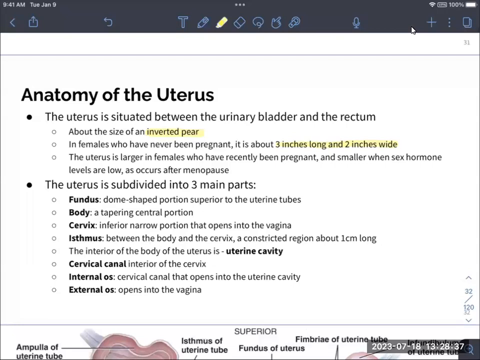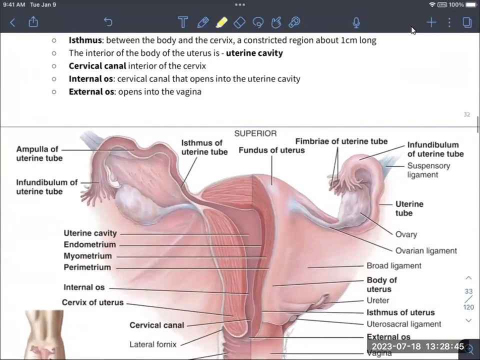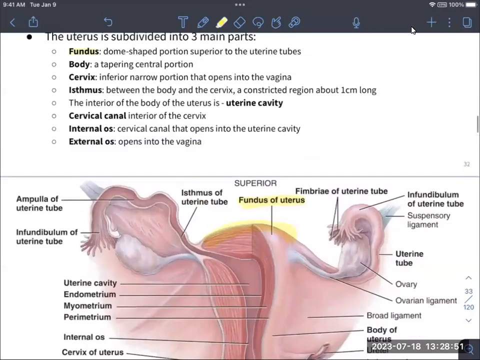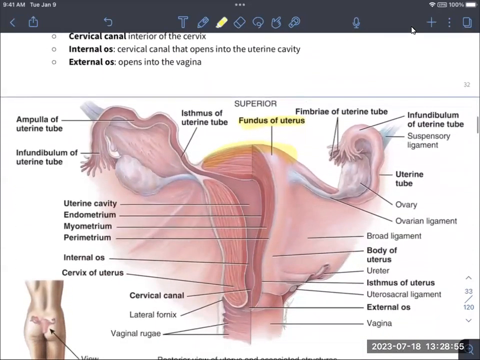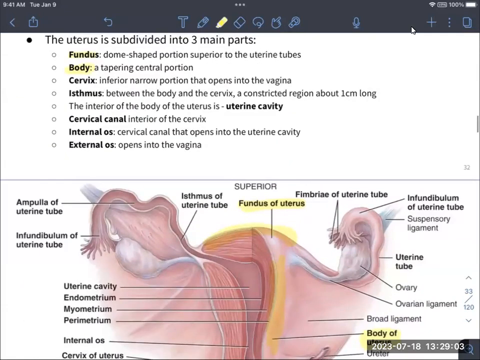It deteriorates down smaller after menopause. So the top part, the dome at the top, that's where the fundus is found. The body is that middle portion of the uterus. It's all through here. The cervix.